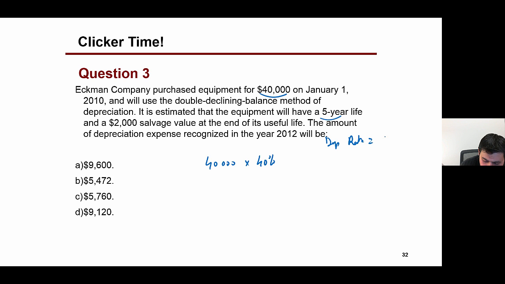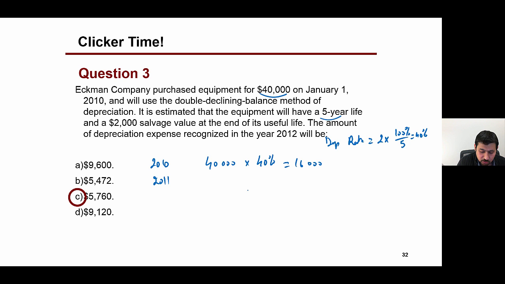So depreciation rate is equal to 2 times 100% over 5, and that would be 40%. So 40% multiplied by 40,000 is equal to 16,000. And this is the depreciation expense for 2010.